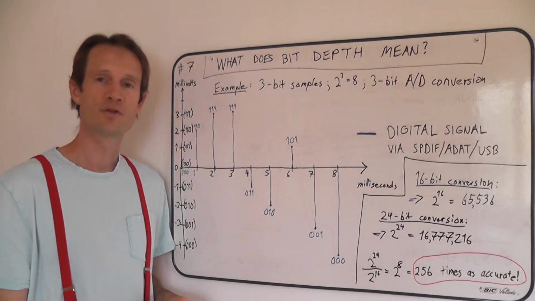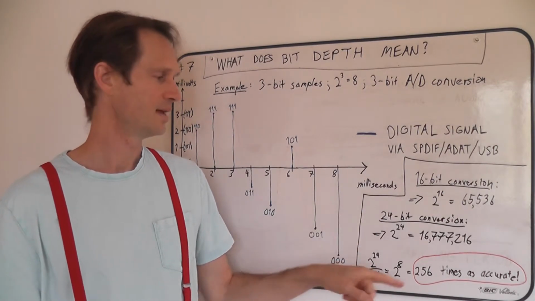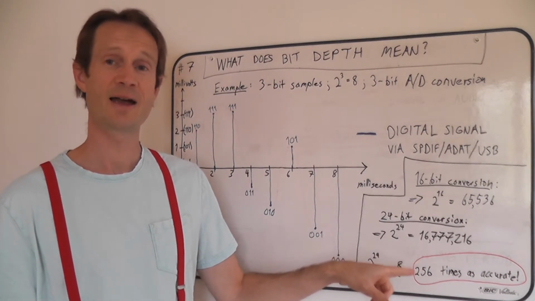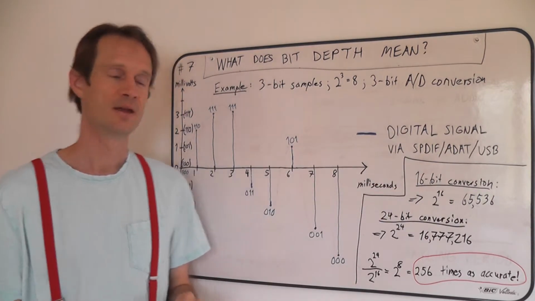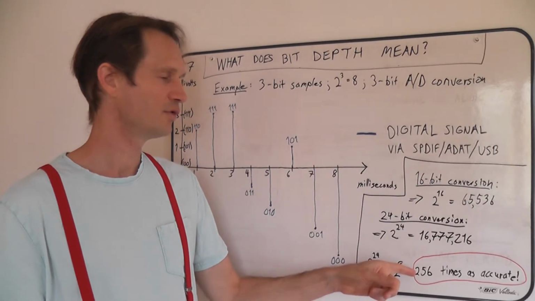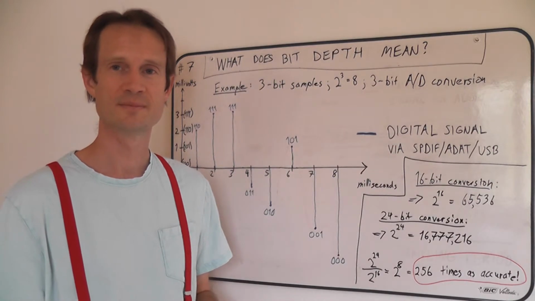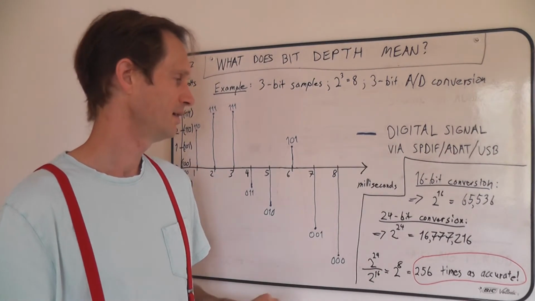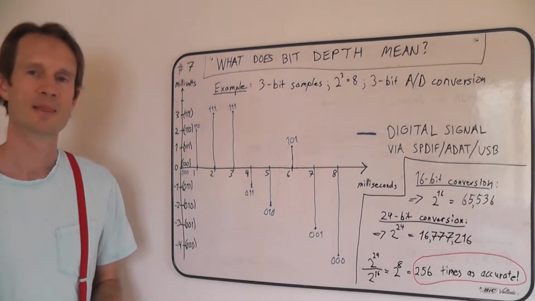So if you weren't aware of it, using 24-bit audio is 256 times more accurate than 16-bit audio, meaning that you're going to have 256 times as much error in your signals when you use 16-bit audio instead of 24-bit audio.